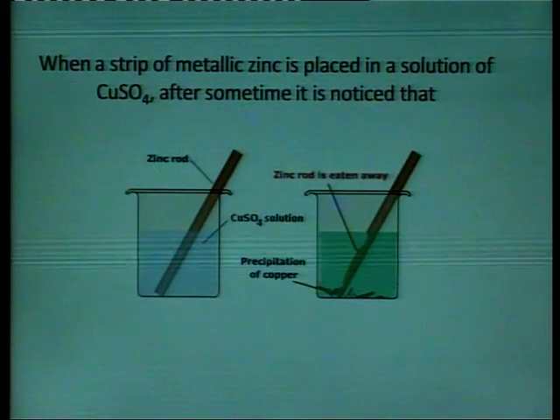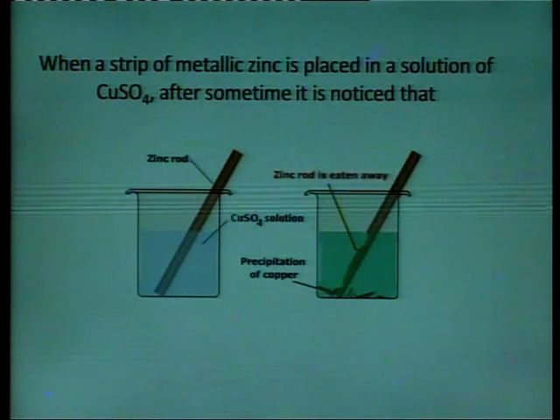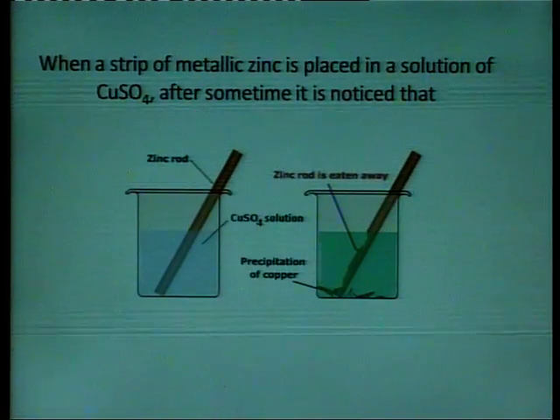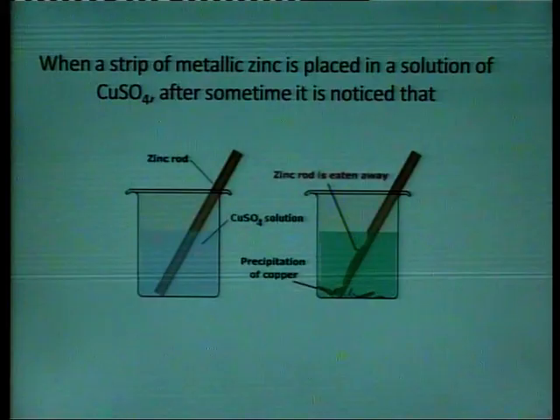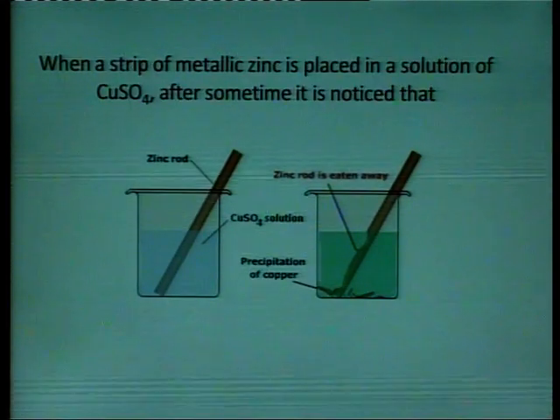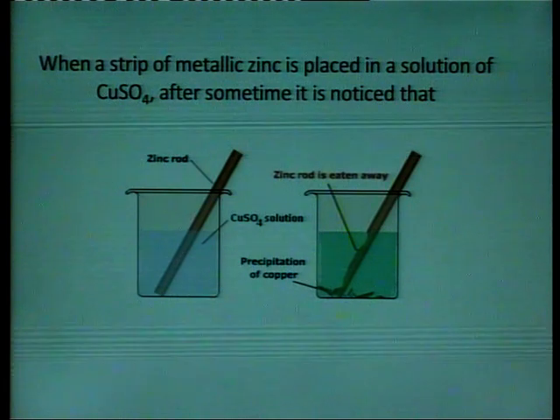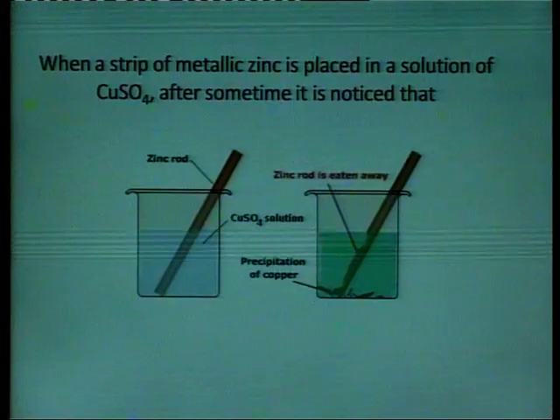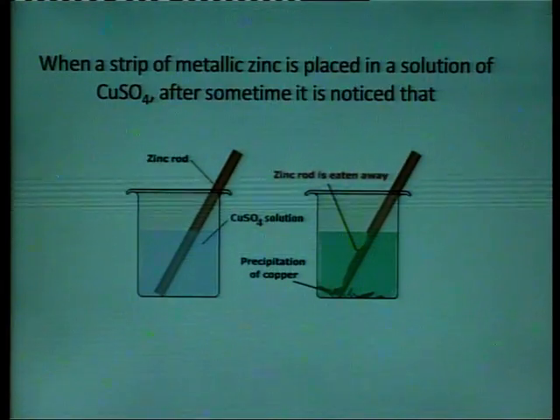When a strip of zinc metal is placed in the solution of copper sulphate, after some time it is noticed that, so these are two diagrams in which a zinc rod is dipped in the solution of copper sulphate.